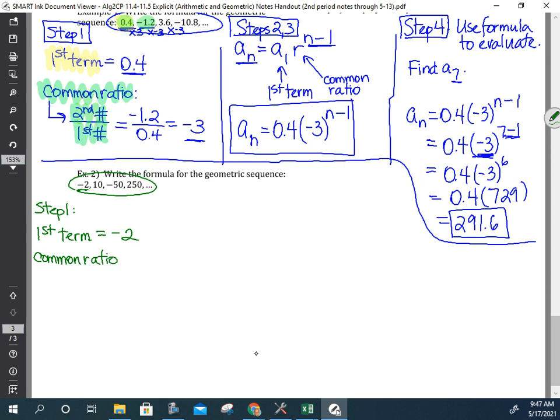To get the common ratio, you take the second number divided by the first number. The second number is 10, the first number is -2. 10 divided by -2 is -5.